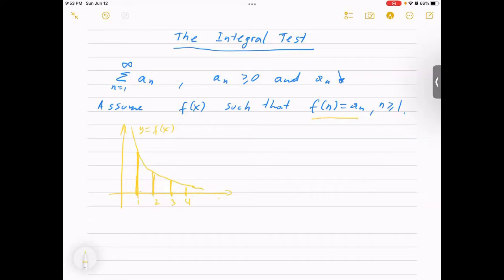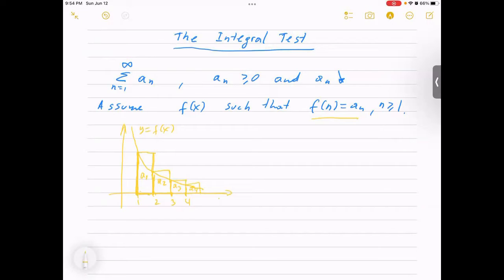So if that is a1, and I draw a rectangle of base 1, then the area of this piece is going to be a1. If I draw a rectangle of base 1, whose height is a2, the area of that rectangle is a2. If I keep on going, I get a3, a4, and so on.